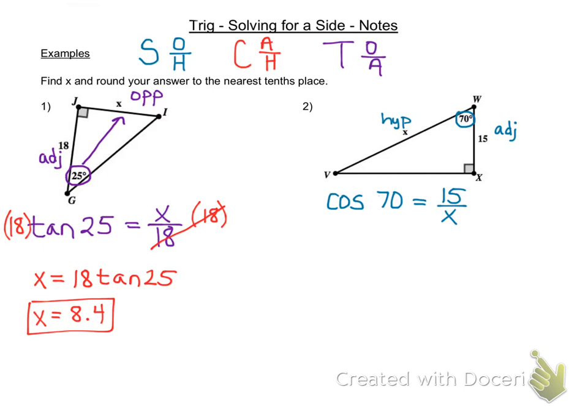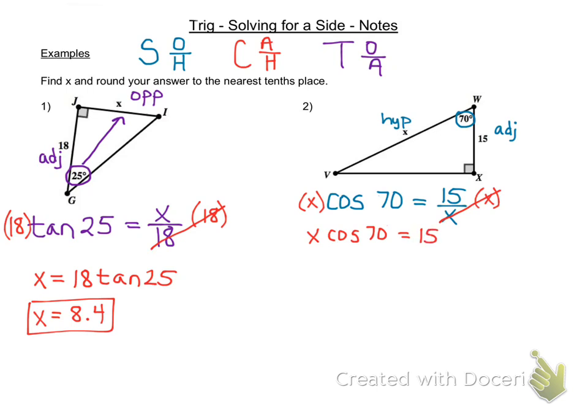Now in order to solve for x, first I need to get x on the numerator. So I'm going to multiply both sides by x. So now x divided by x cancels, and I have x times cosine of 70 degrees equals 15.